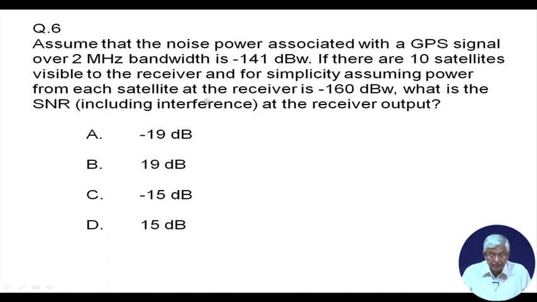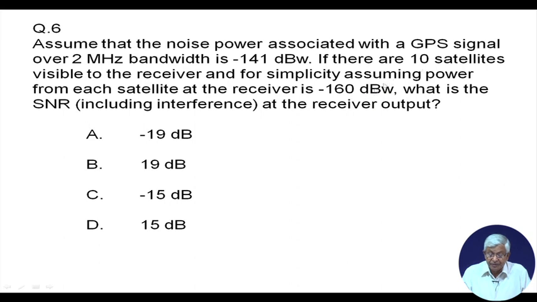For simplicity, the power from each satellite at the receiver is minus 160 dBW. So, this is the noise power you are receiving, minus 141 dBW, and the individual power from individual satellites is minus 160 dBW.